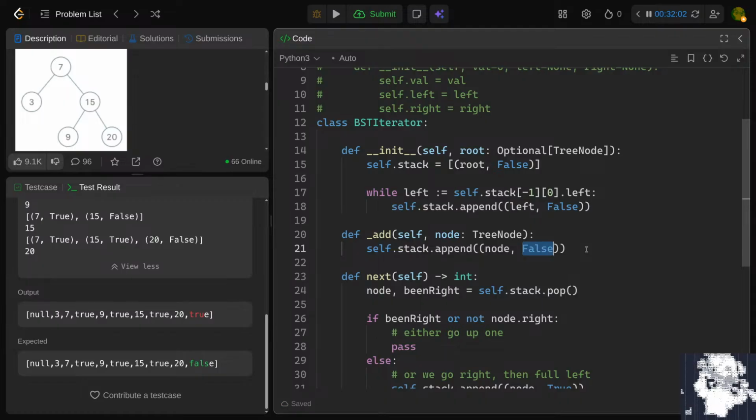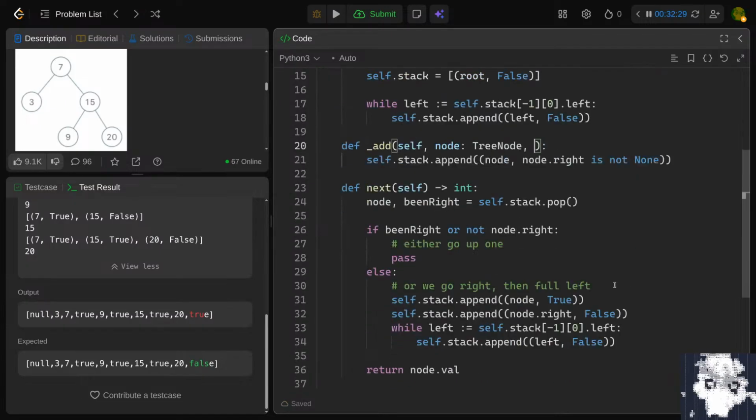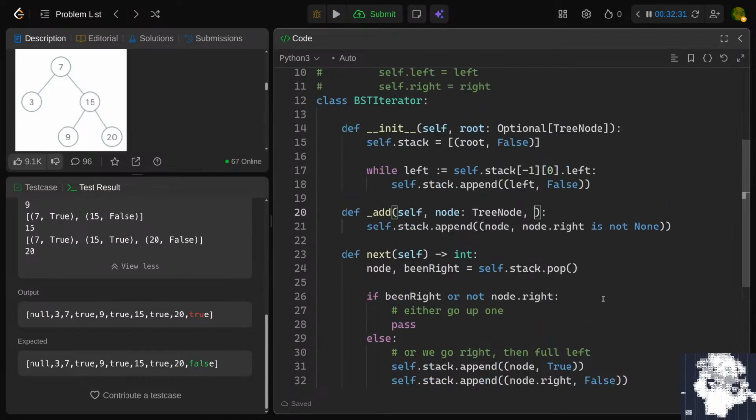And then instead of just saying false, you say node dot right is not, what do I want to say? And then sometimes I want to add true.